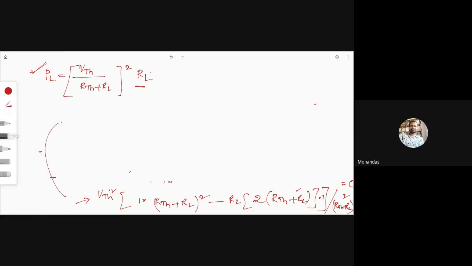If you write this equation here, we will get P Thevenin square into (R Thevenin plus RL) whole square.